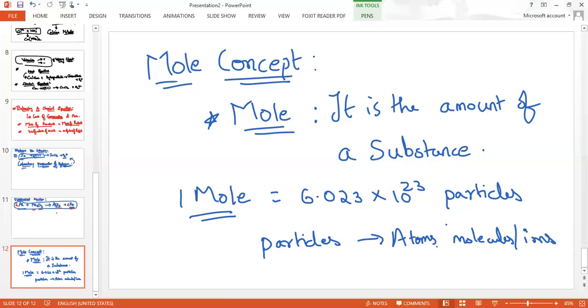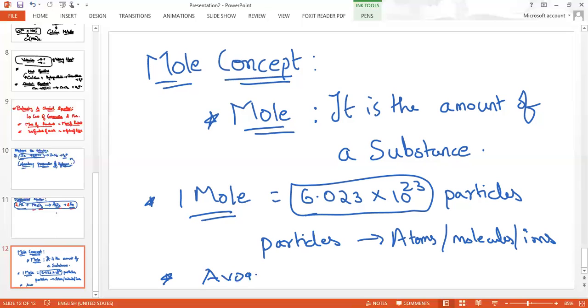You may note down parallelly while I am teaching. Good. So 1 mole is this many number of particles, and this number has a special name. Do you know what that name is?